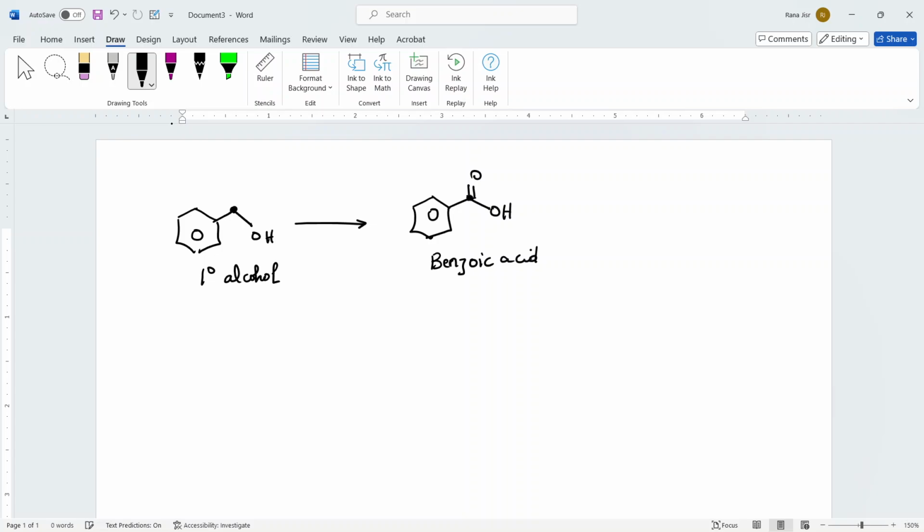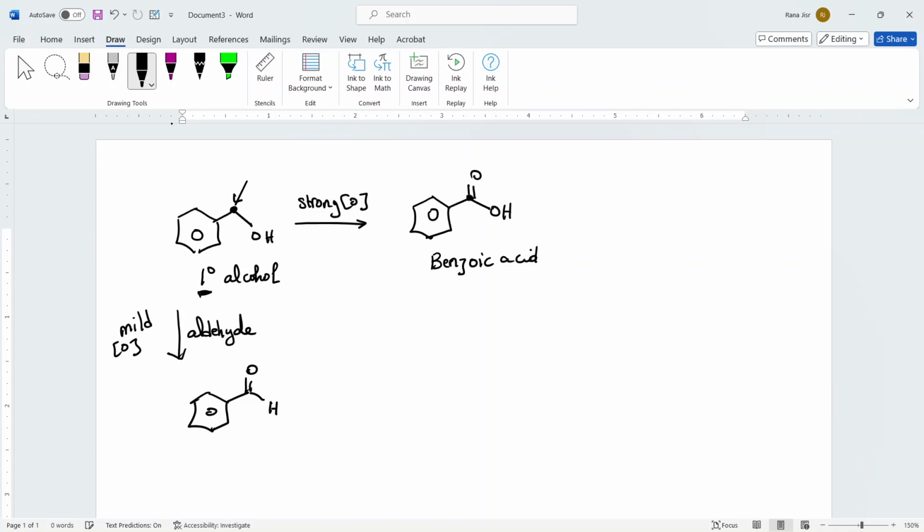If I oxidize a primary alcohol with a strong oxidizing agent, then I'm going to get the carboxylic acid. And if I use a mild oxidizing agent, then I'm going to get the aldehyde. They're not asking about the aldehyde. And again, I am not adding any carbons. I do have one carbon here, and it's going to be one carbon there.